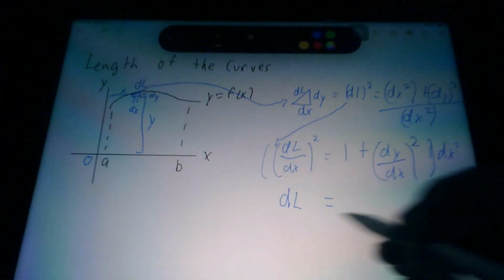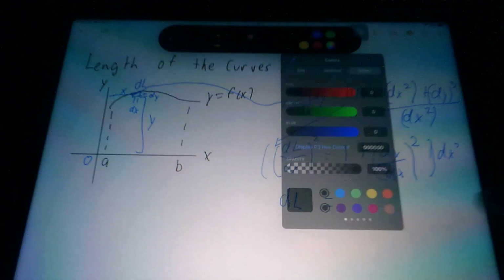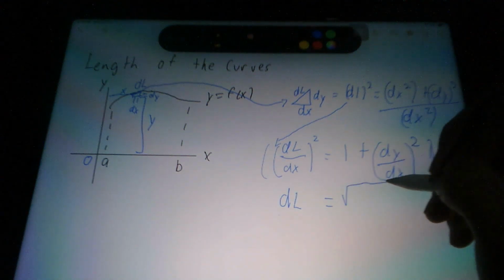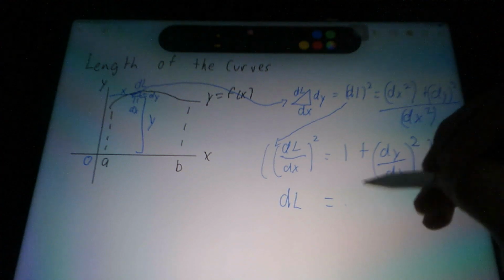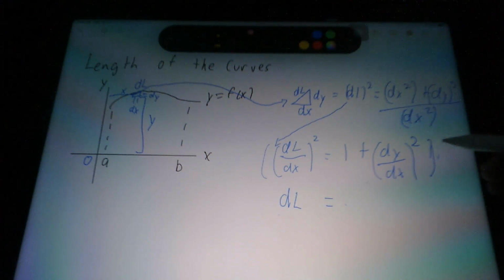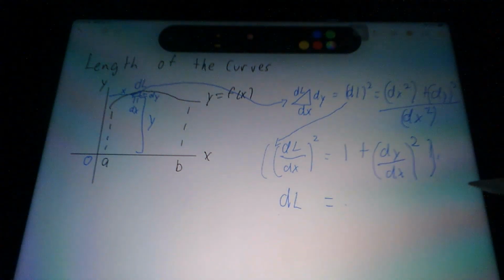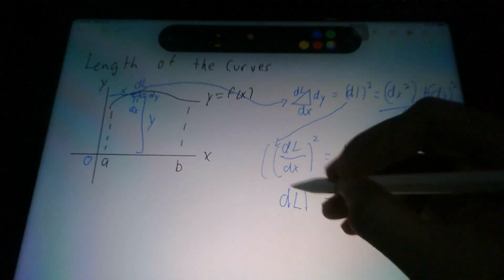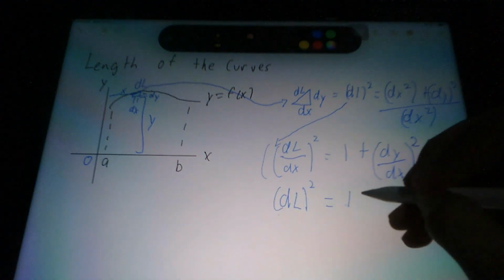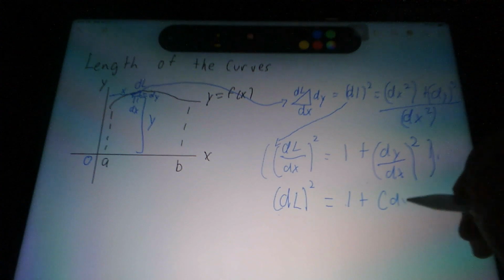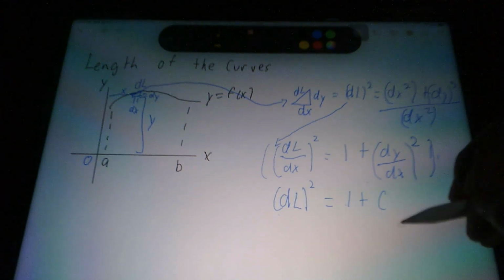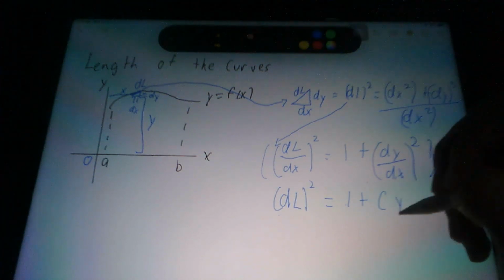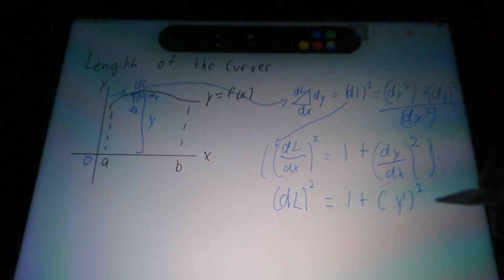If we transfer dx to the other side, this will become dl squared equals to 1 plus dy over dx. Let's just rename this as y prime. So y prime squared dx.